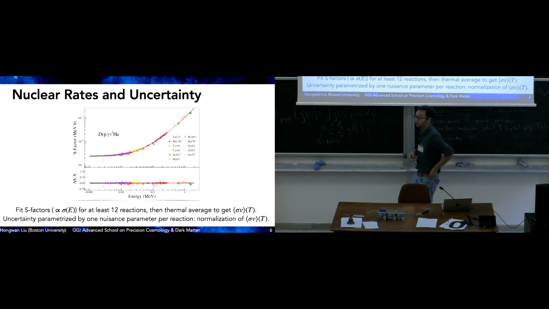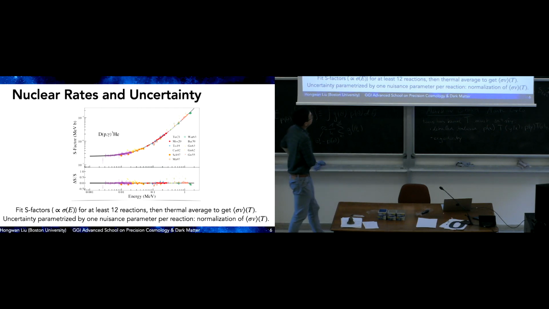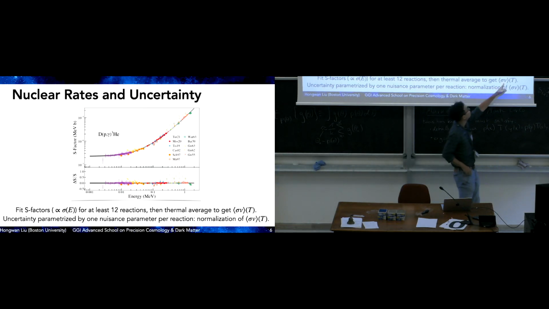And then, how do you parameterize the uncertainty associated with the fit? Obviously, many of these data points have error bars, and so you want to find a way to parameterize your uncertainty in this number here.